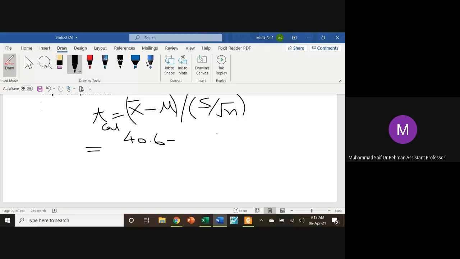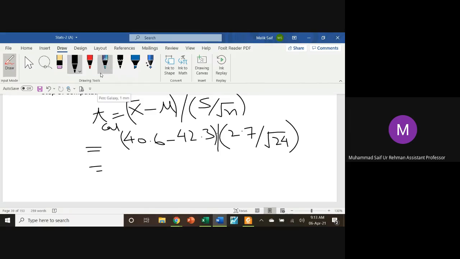Please solve it if you have a calculator with you. S was 2.7, divided by square root n, and n was 24. So solve this.